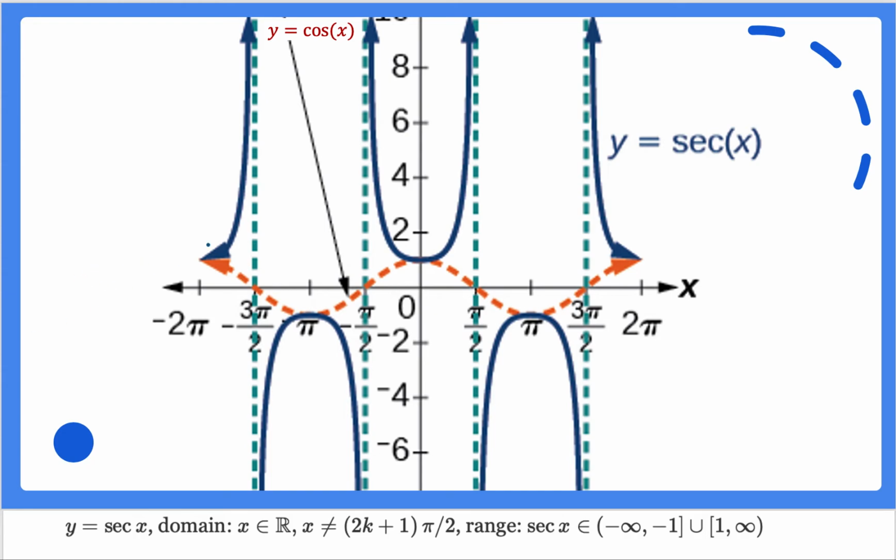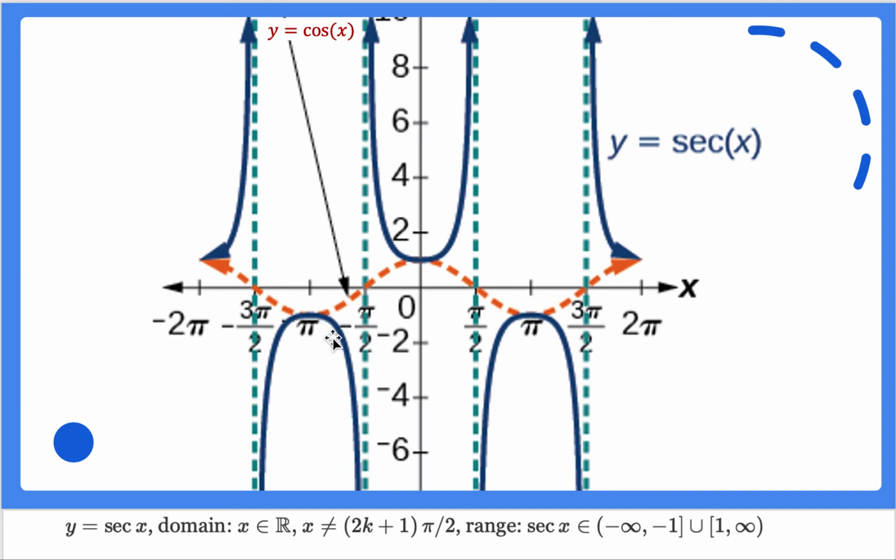The red function here is cosine x, and for the secant, whenever the cosine reaches its maximum in amplitude, here is the minimum of the secant on this side.